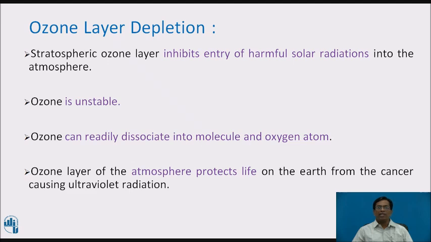The stratospheric ozone layer inhibits entry of harmful solar radiations into the atmosphere. Ozone is unstable and can readily dissociate into a molecule and an oxygen atom. The ozone layer protects life on the earth from cancer-causing ultraviolet radiations.